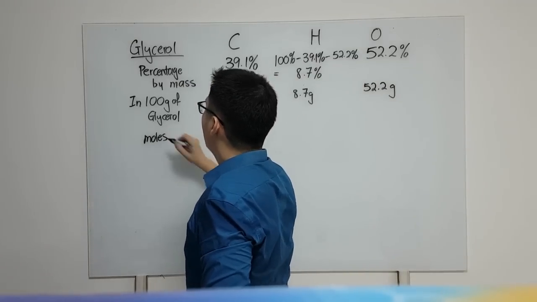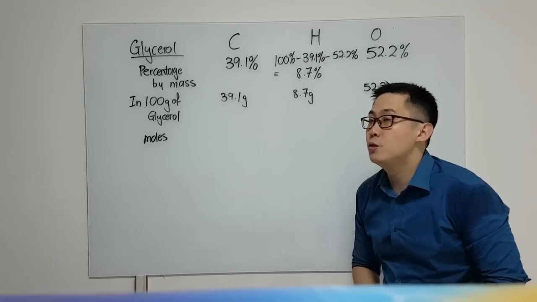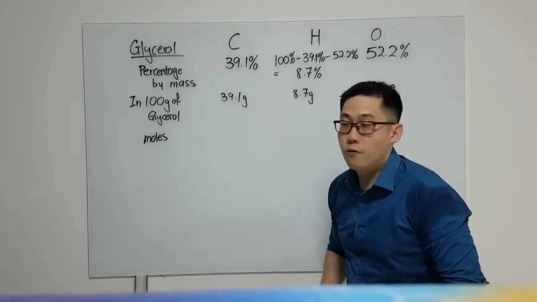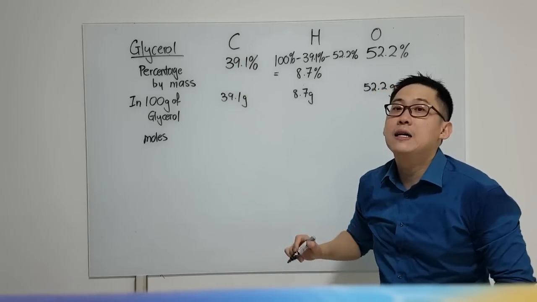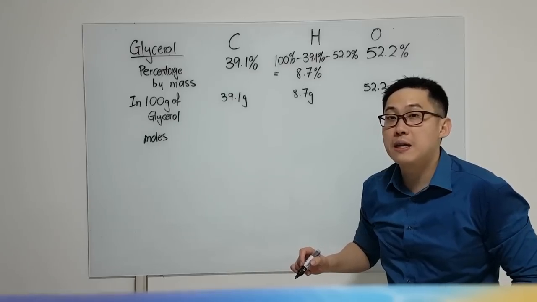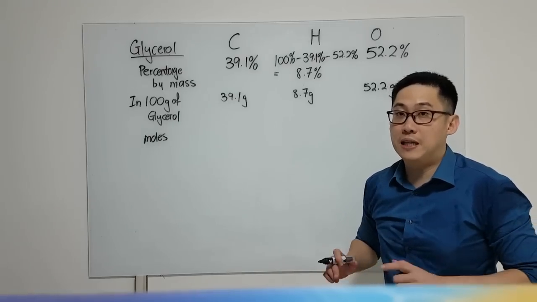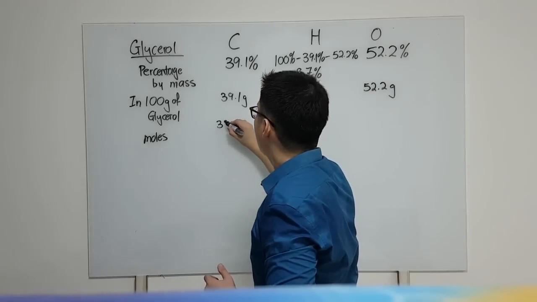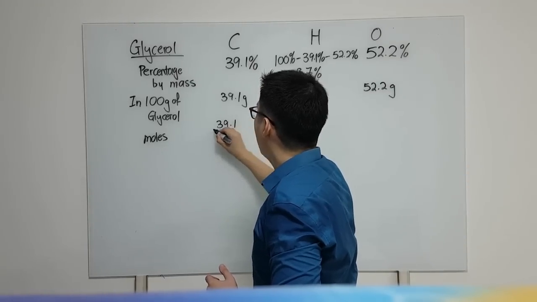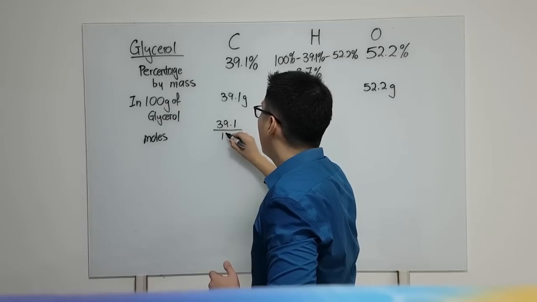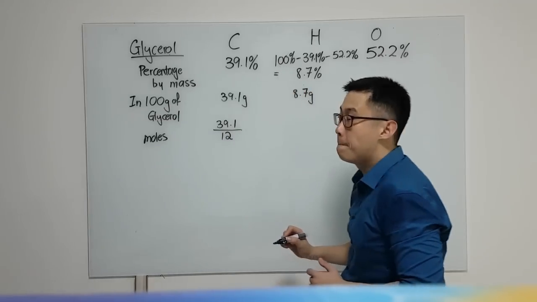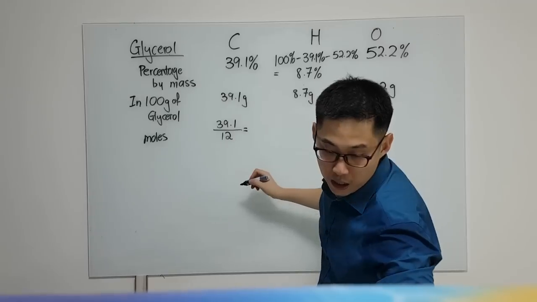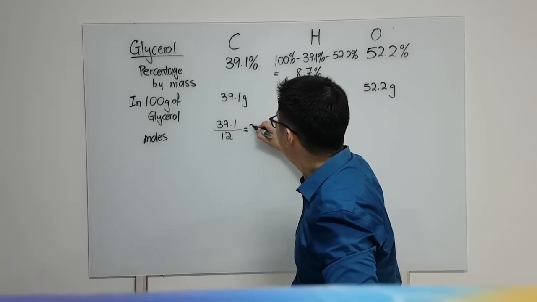To find the moles, all I need to do is to divide the various mass by the relative atomic mass of the atom that they are. So in this case here, to find the moles of carbon, I'll take 39.1 divided by the AR of carbon, and that would actually give me 3.3 moles.